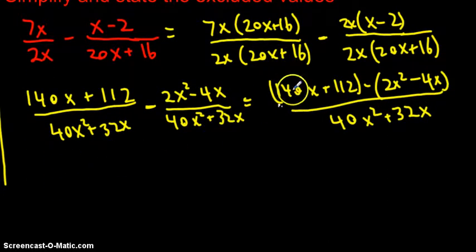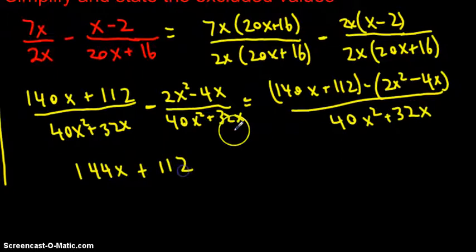Alright, so 140x minus negative 4x would be 144x. We have a 112. This doesn't have any like terms, so that's still 112. And this negative 2x squared has no other common terms.